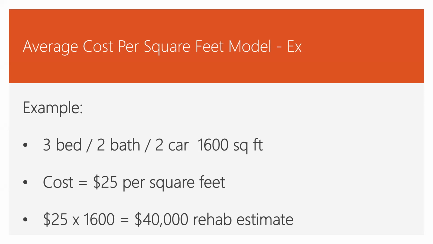It's pretty straightforward. All you have to know is, Mr. Ray, what is the cost per square foot? What's the average cost? On a full rehab, based on what I've been doing lately, it's about $25 a square foot. That's taking it all the way up to the top. Any questions on that model?